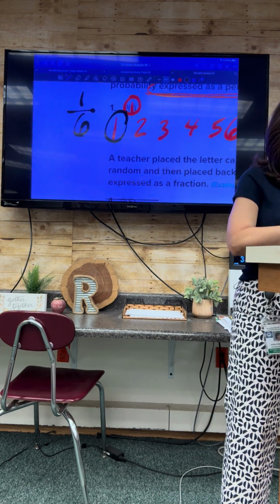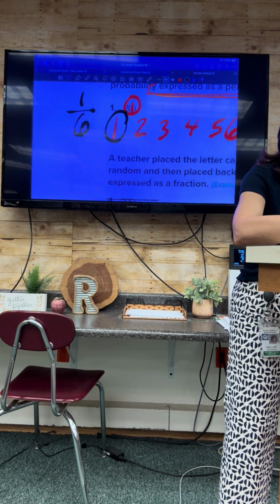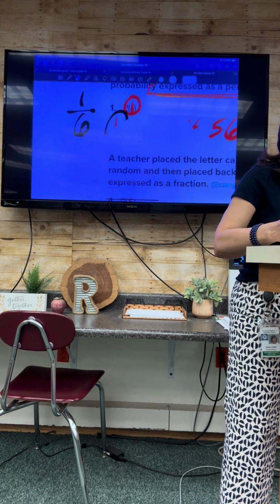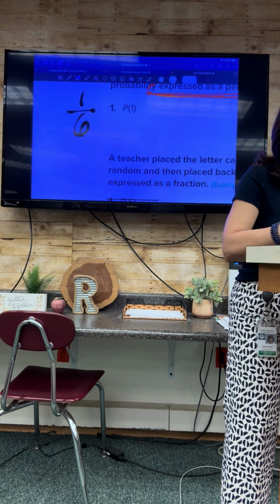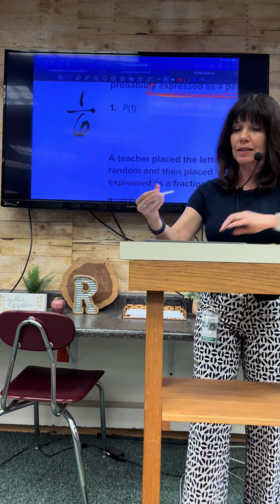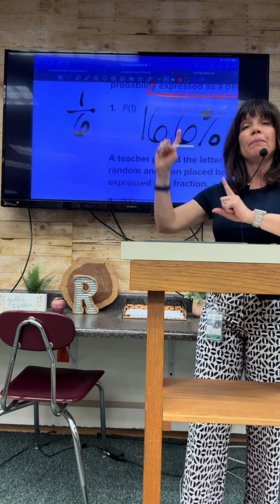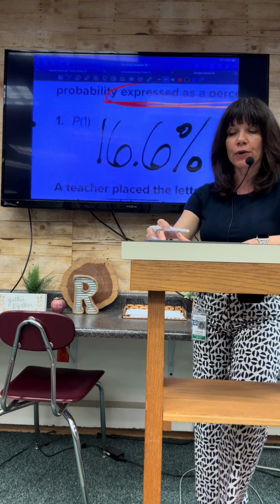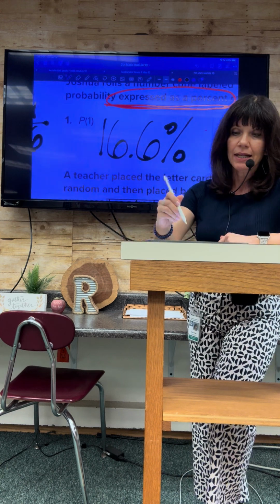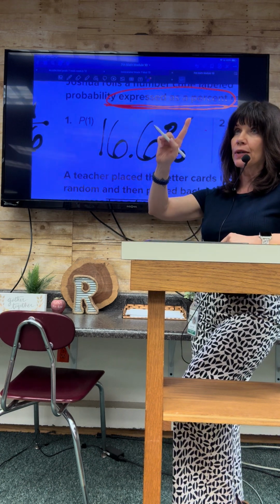On your paper right now, I want everybody to write the following. 16.6, just temporarily, and put your percent sign. But wait, we are rounding to the nearest whole percent. As I underline, I'm going to ask you a question.